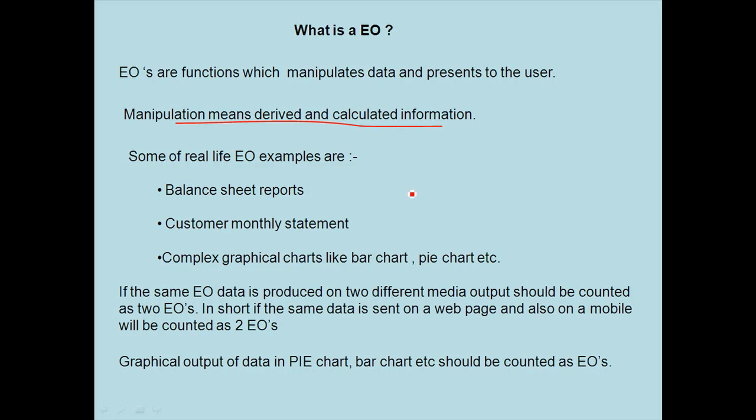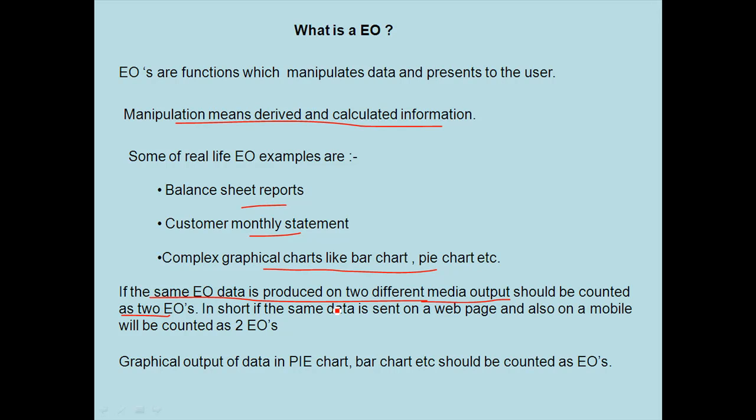Some real life examples of EOs are balance sheets, customer monthly statements, complex graphical charts, and pie charts. Now if the same EO data is produced in 2 different media outputs, it should be counted as 2 EOs. Let's say you have coded an application which shows a complex report on the web, and you have also ensured that these reports can be viewed on mobile.